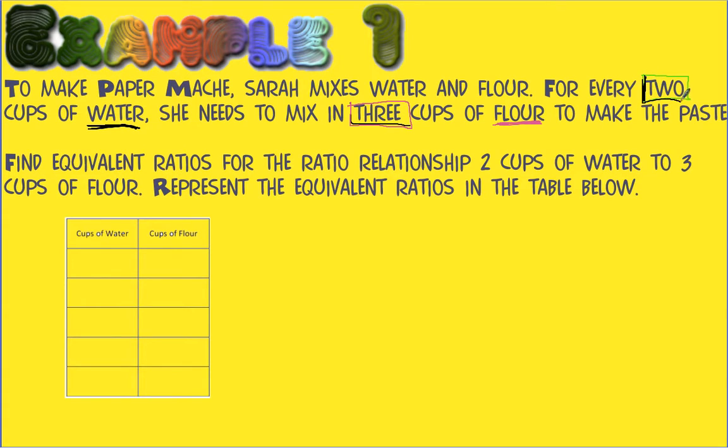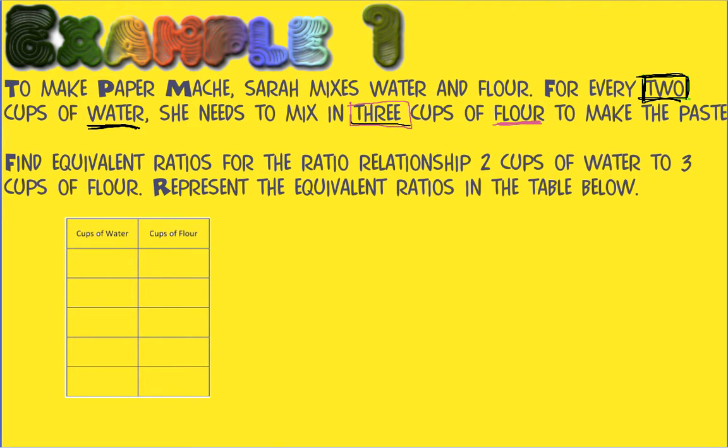So in this case, my black pen goes with my water and my yellow pen goes with my flour. So I want to find equivalent ratios for the ratio relationship 2 cups of water to 3 cups of flour. And I want to represent those in the table below.